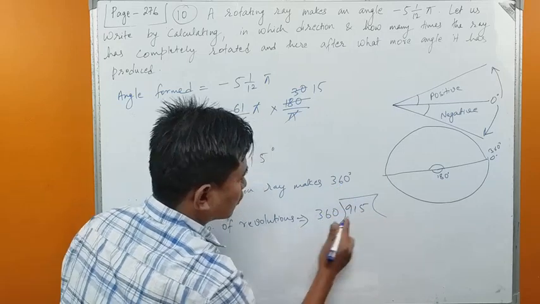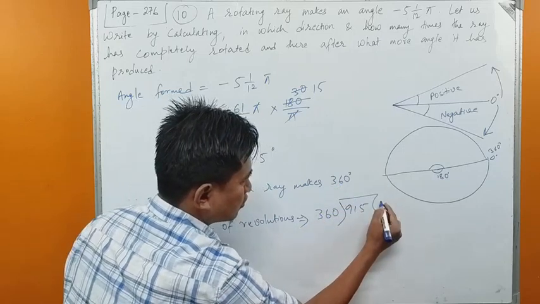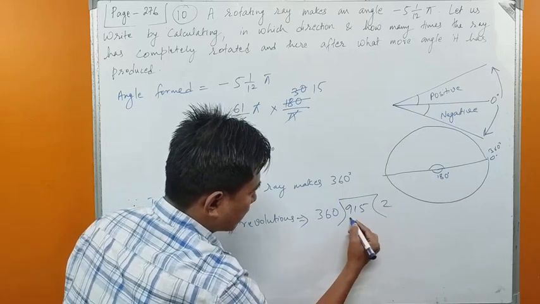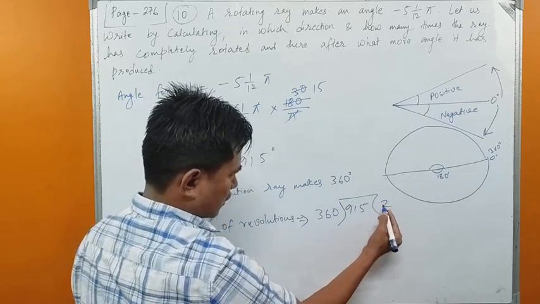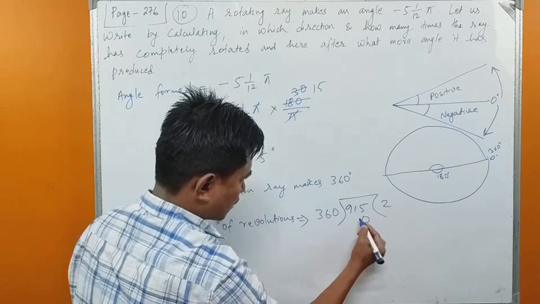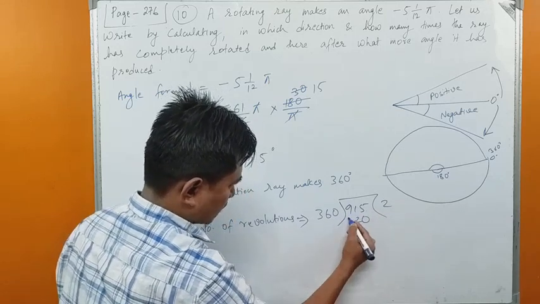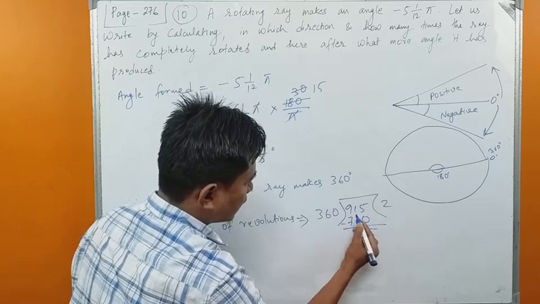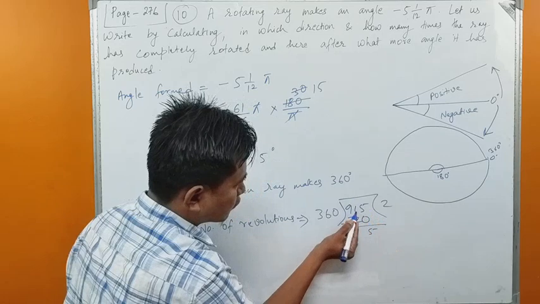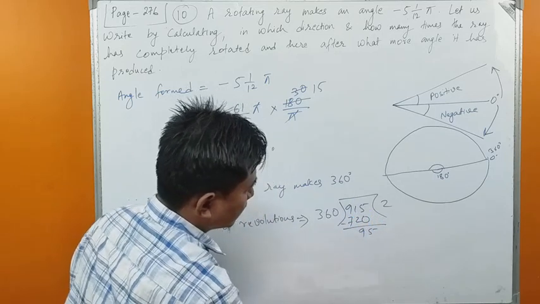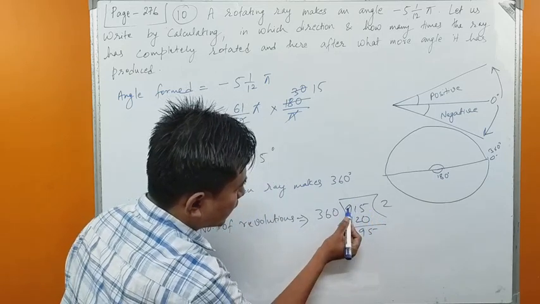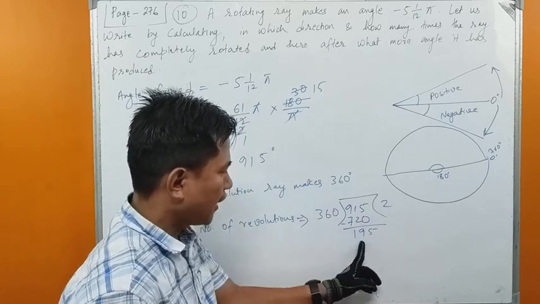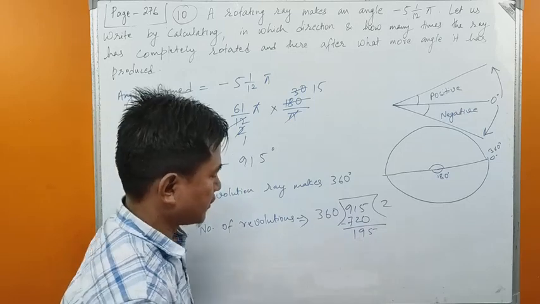So 360 into 2 is 720. 2 zeros are 0, 2 6s are 12, 1 in hand, 2 3s are 6, plus 1 is 7, so 720. Then 5 minus 0 is 5, 11 minus 2 is 9, 8 minus 7 is 1. So 2 revolutions and we have a remainder of 195 degrees.